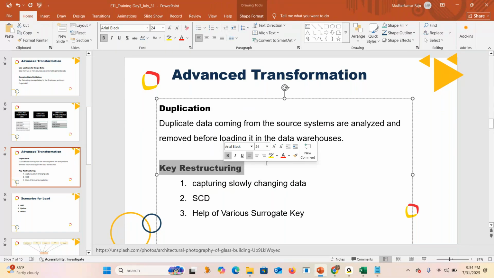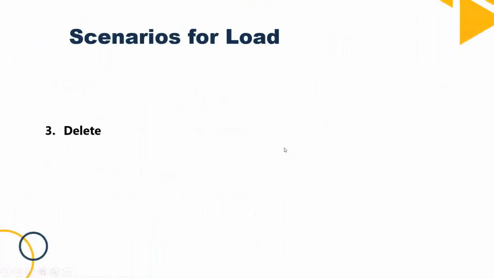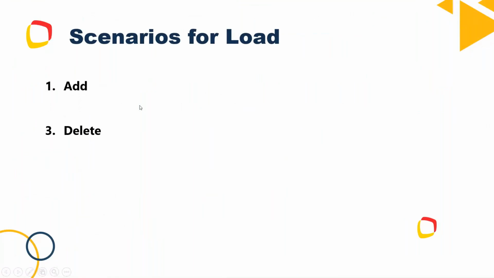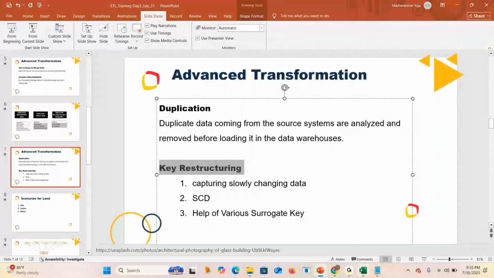Sorry, your real slide is showing only advanced transformation. Can you see now? Have you moved to the next page? I can see only the advanced transformation, complex data validation page. Let me stop and start sharing again. The conference is no longer being recorded. This conference will now be recorded.